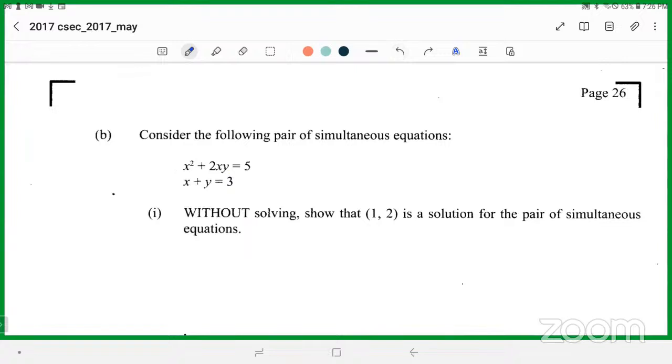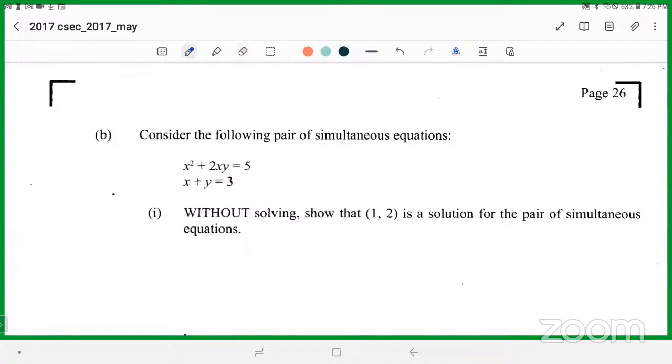The curve equations usually have products and quotients of the x and the y. The line equations can be written in the form y equals mx plus c.